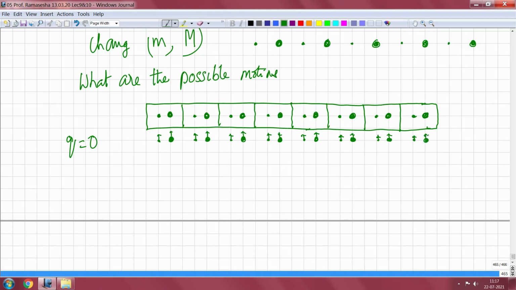So this is one possible mode that I can have, but within the unit cell there is no reason why the two atoms should be moving in the same direction. They can be moving in opposite directions as well.